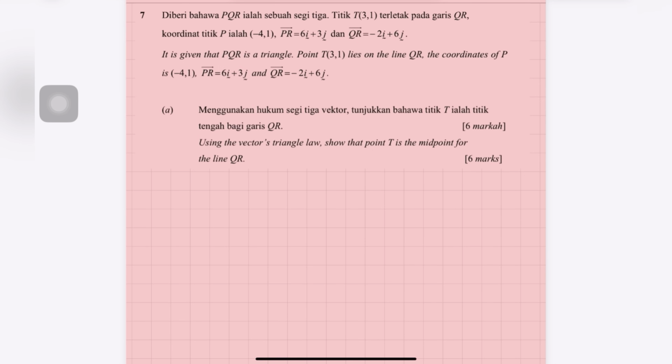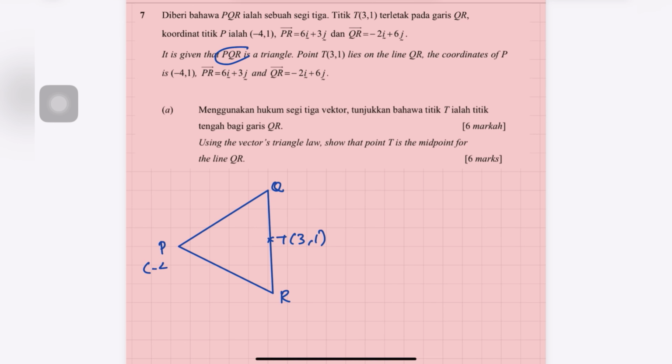Okay, so first of all, given the triangles, where we draw any triangle. So let's say this is PQR. Okay, so now point T lies on the QR. Okay, let's say here is T, 3, 1. Then coordinate P is -4, 1.